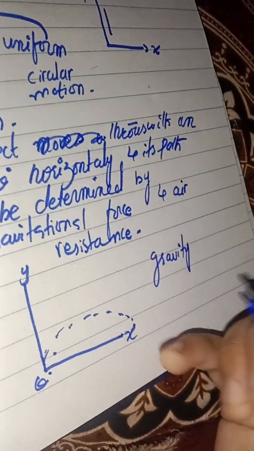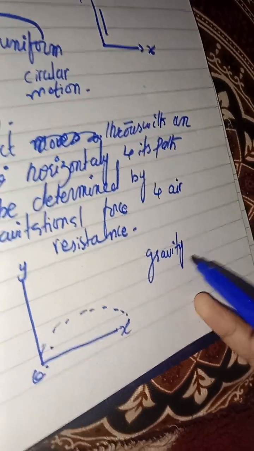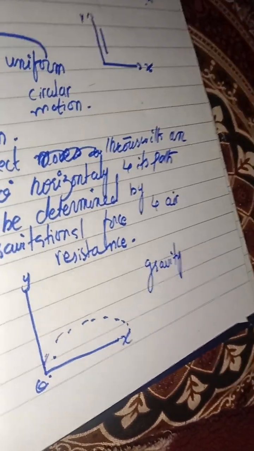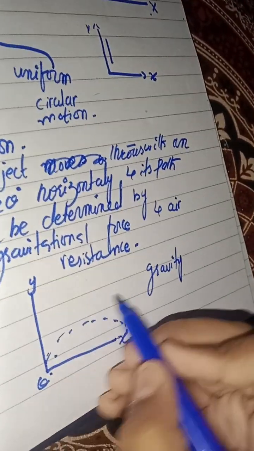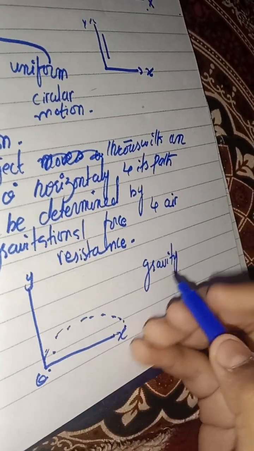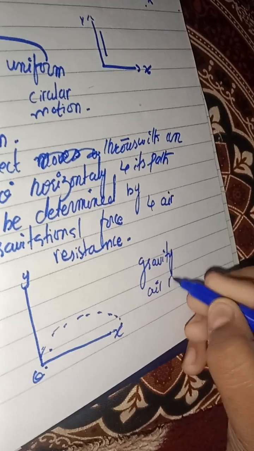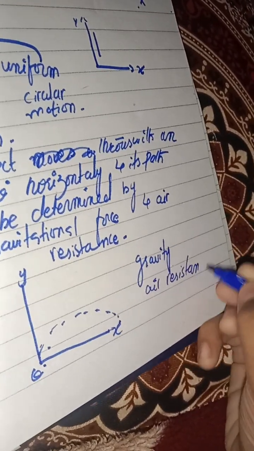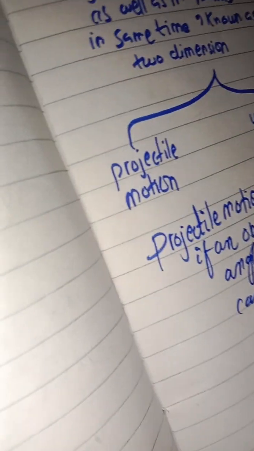Vertically gravity is applied, and horizontally air resistance force is applied. Air resistance is opposite to the motion.